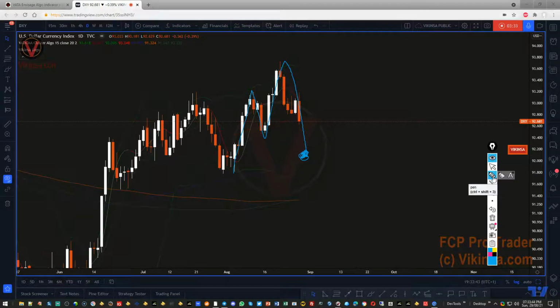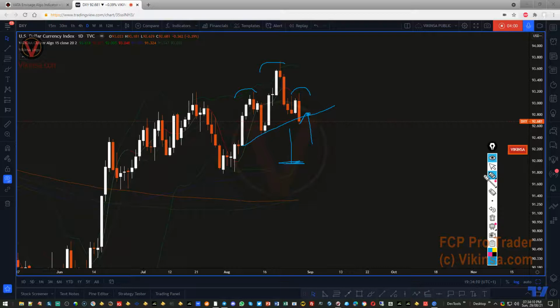The next possibility is that the market is creating a possible head and shoulders pattern which can also push the price down to a similar level. What we're waiting for is the market to break through this, which it did. Now, if the market goes back up and we get a confirmation, then we can look for a short opportunity in the dollar.